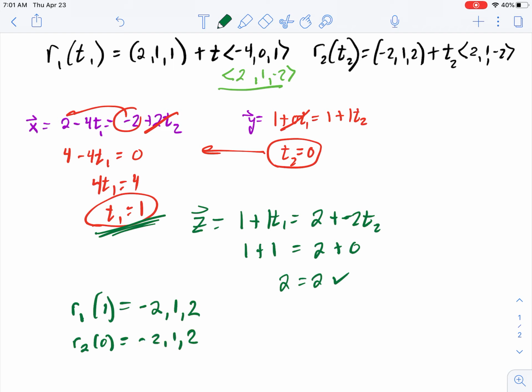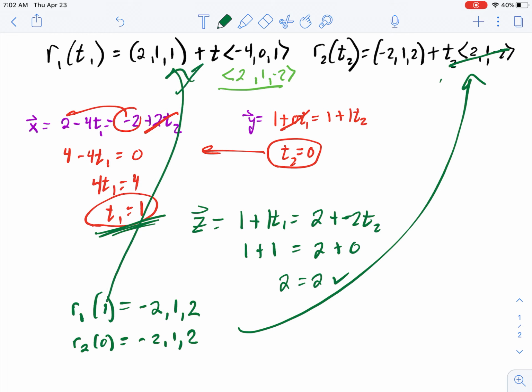That would be negative 2, 1, 2. If time is 0, that would be the easiest, because that way you just cross that off and you got your point. But if you plug that in up here, you should get the same value. Okay? So they will be at this location, but at 2 different times.